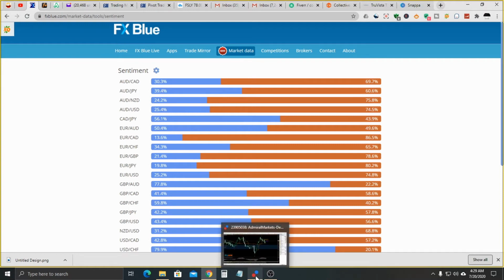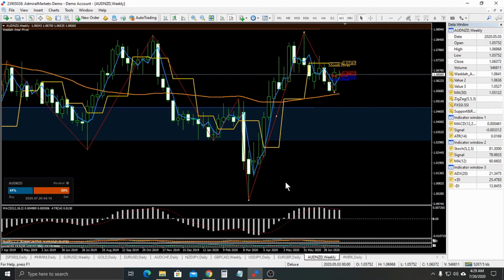The reason being is because the pools of liquidity that the market makers, that the big banks look for, are up here, long. This is where most of the retail traders have put their stops.